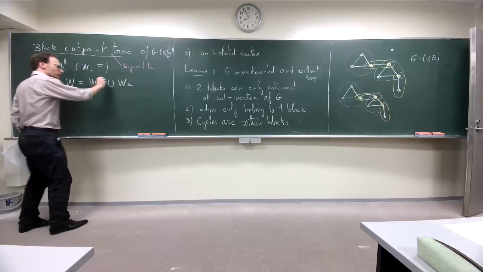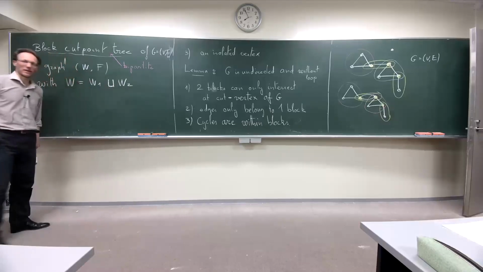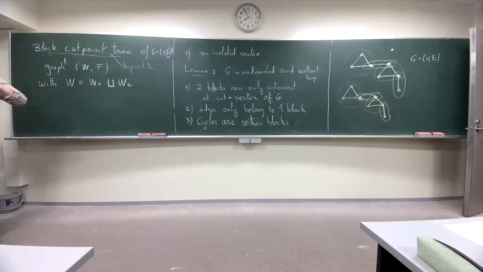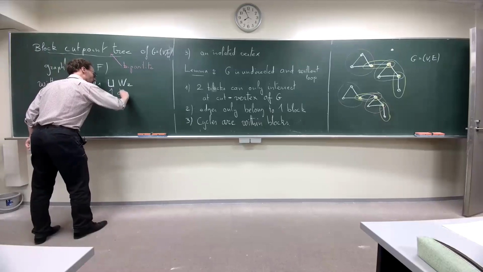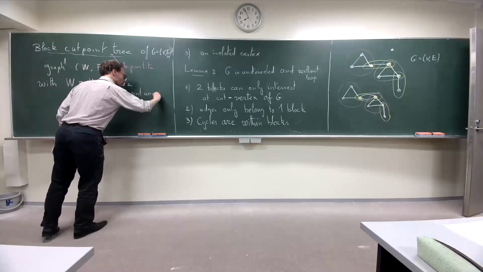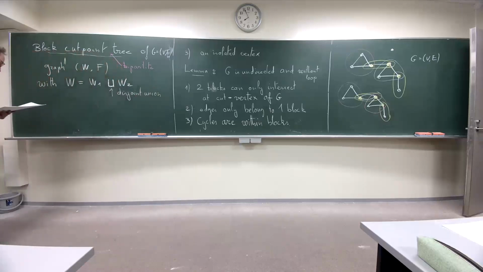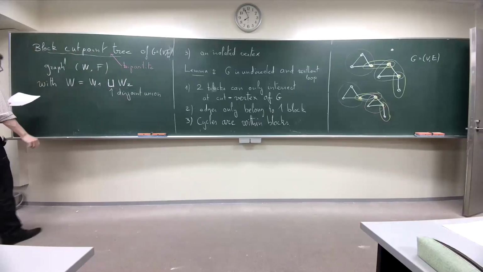Remember, I probably introduced once this notation when you have two sets, it's a union, but they have no intersection. This is called a disjoint union. It's a union, but without any intersection. So I need to define what is W1, what is W2.